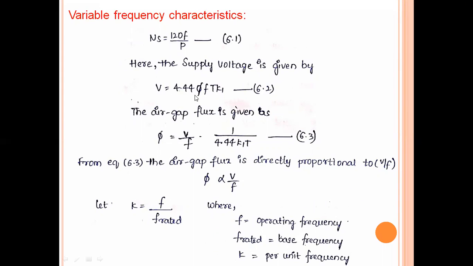This equation we know, and I have given this equation in the examination paper also. So 4.44 into flux into the supply frequency into the number of stator winding turns into the constant. This is the induction motor voltage equation.